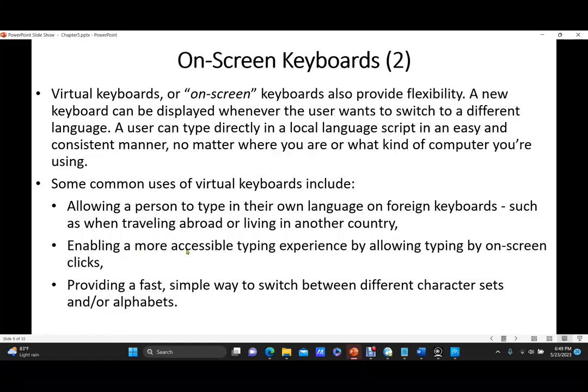It enables a more accessible typing experience by allowing typing by on screen clicks, and provides a fast, simple way to switch between different character sets or alphabets.